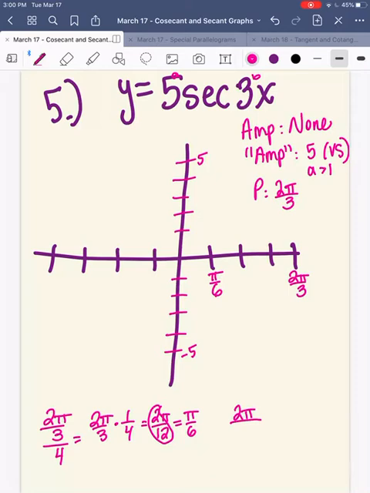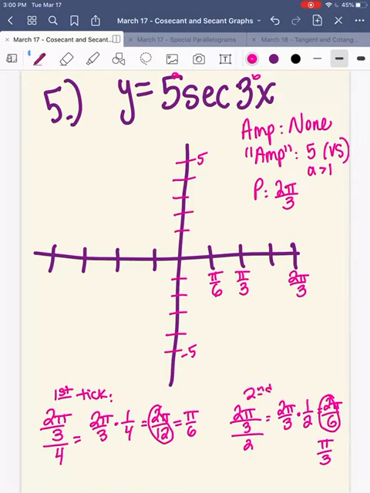All right, so I'm going to do the next one. To get the 2nd tick mark, we take the period and divide it by 2. Keep, change, flip means we get 2 pi over 6, and again, that can reduce, so 2 pi over 6 is pi over 3. Those of you with the Casio, you don't even have to worry about it. Let me write this down: this is for the 1st tick, this is for the 2nd tick, and this is for the 3rd tick.